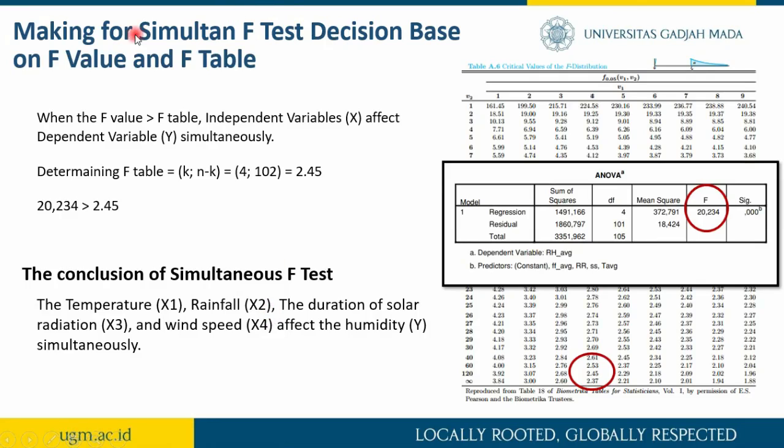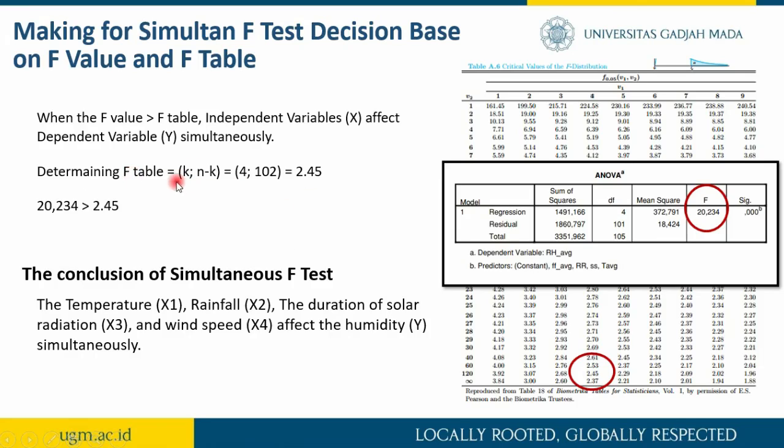Making the simultaneous F-test decision based on the F-value and F-table. When the F-value is more than the F-table, the independent variables affect the dependent variable simultaneously. Then for determining the F-table, we use this formula.